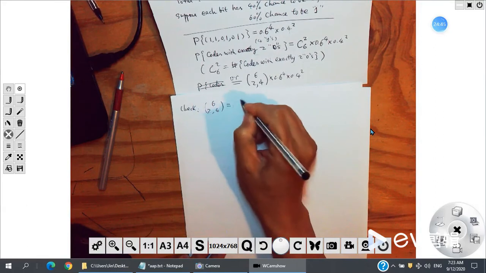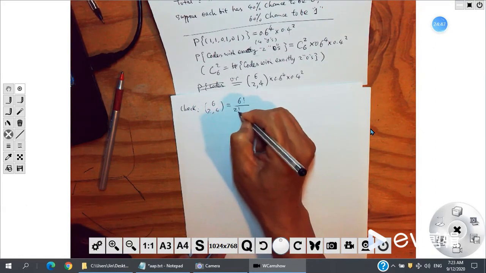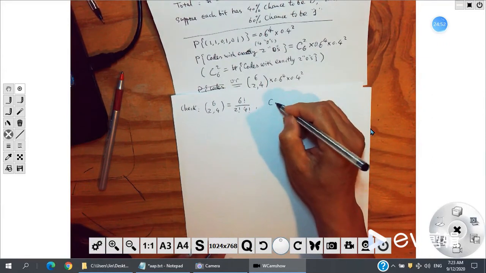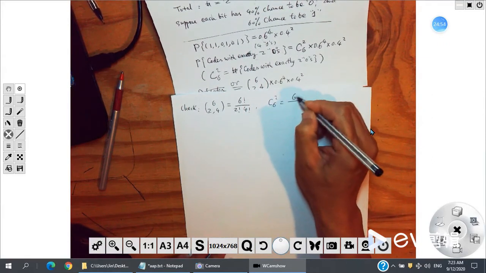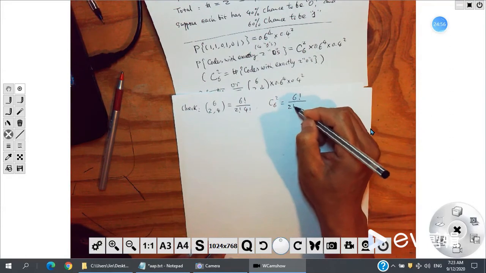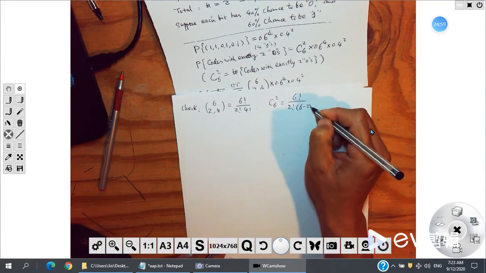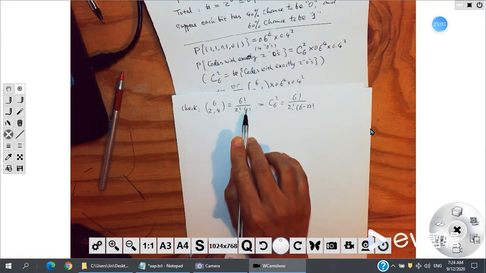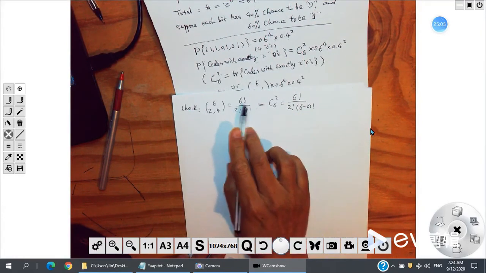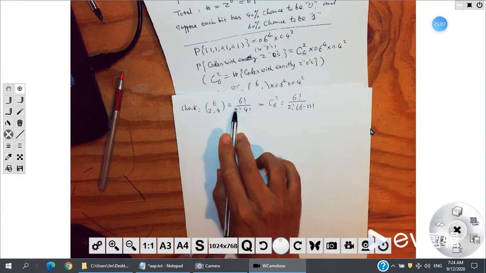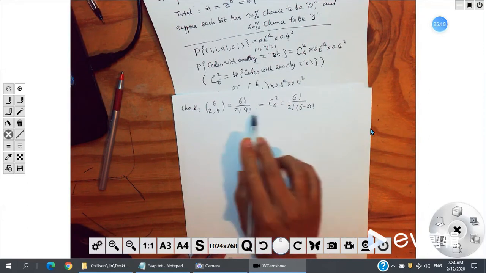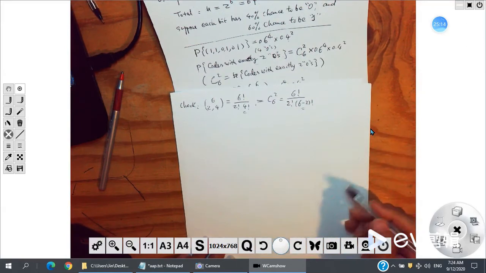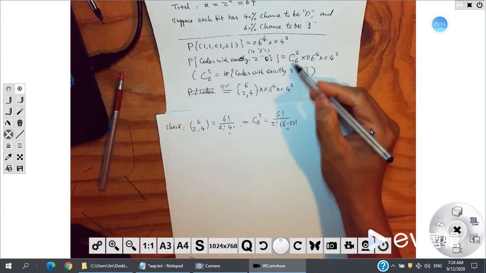This one is 6 factorial over 2 factorial times 4 factorial. C(6,2) is 6 factorial over 2 factorial and (6 minus 2) factorial. 6 minus 2 is just 4. The numerators are the same, and the denominators are also the same. So you use either way to calculate, you get the same thing.